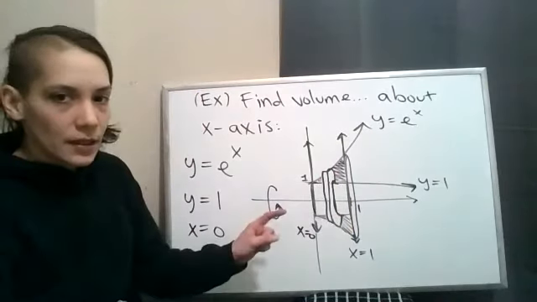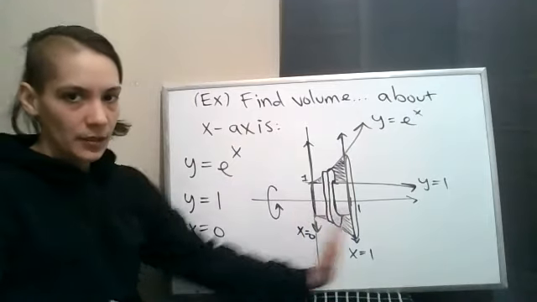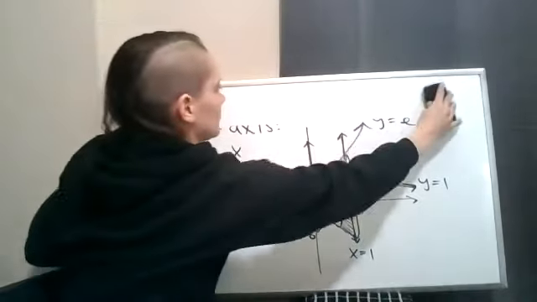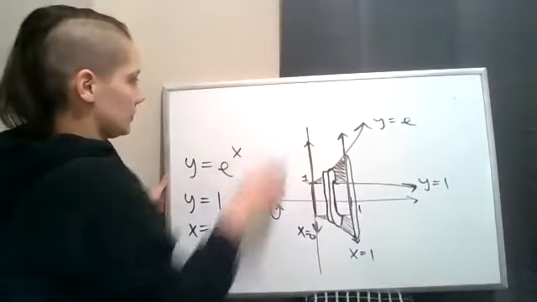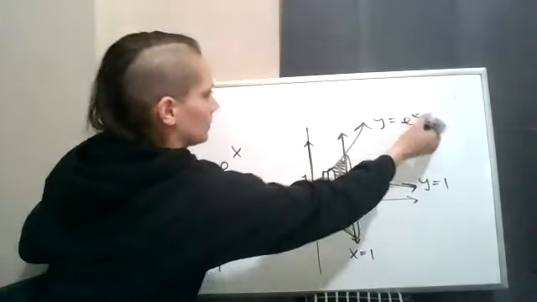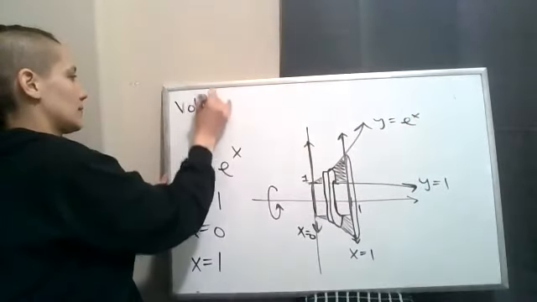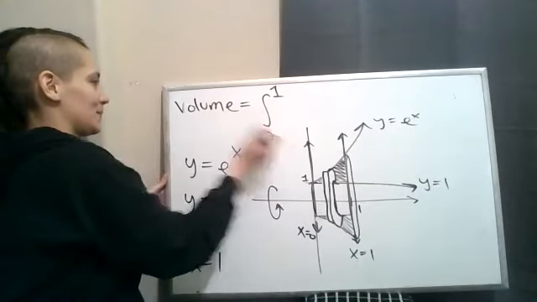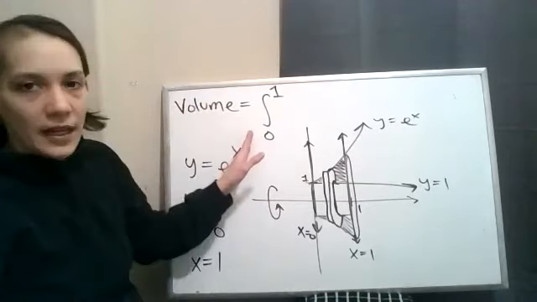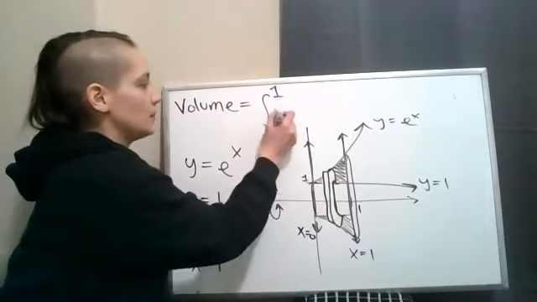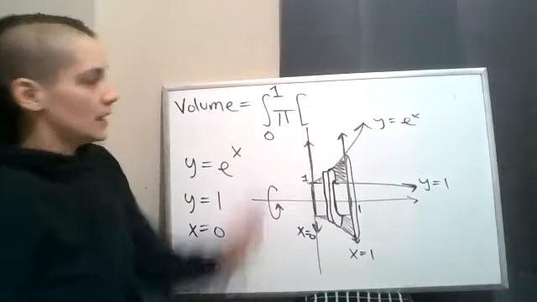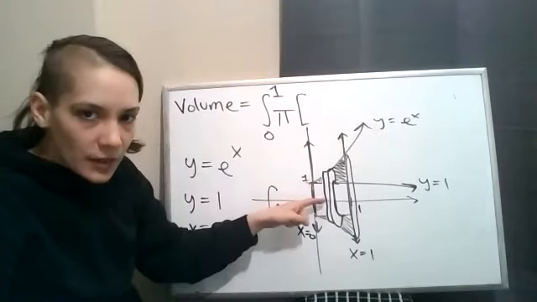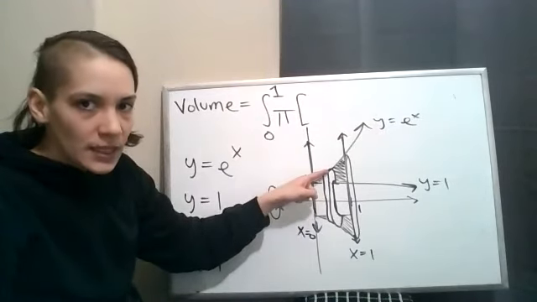Okay. So the integral goes from x equals 0 to x equals 1. Pi times the outer radius squared and subtract the inner radius squared. So the outer radius goes all the way to e to the x.